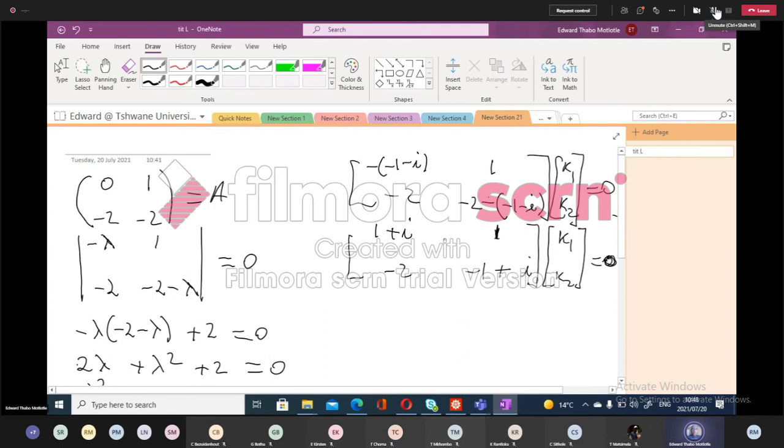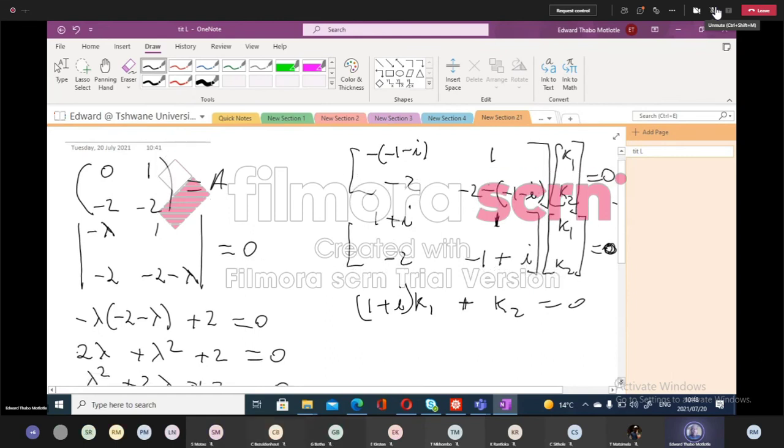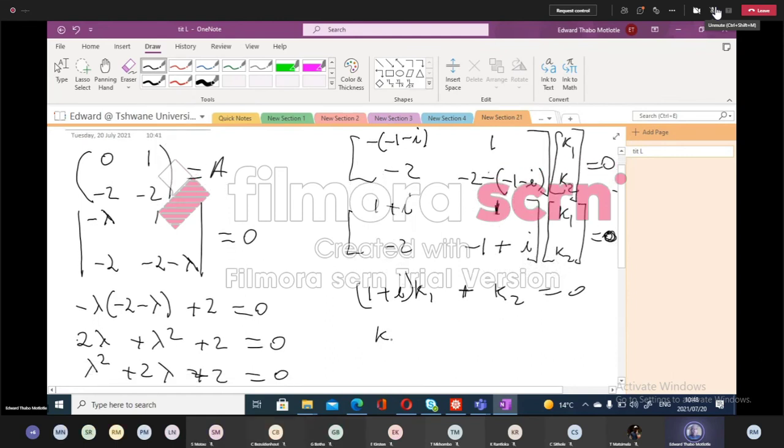So you just use equation 1 to solve the problem. So it's 1 plus i, K1 plus 1, K2 equals to 0. So from here, you must make one of them the subject of the formula. I usually make K1. So K1 is equals to minus K2 over 1 plus i.